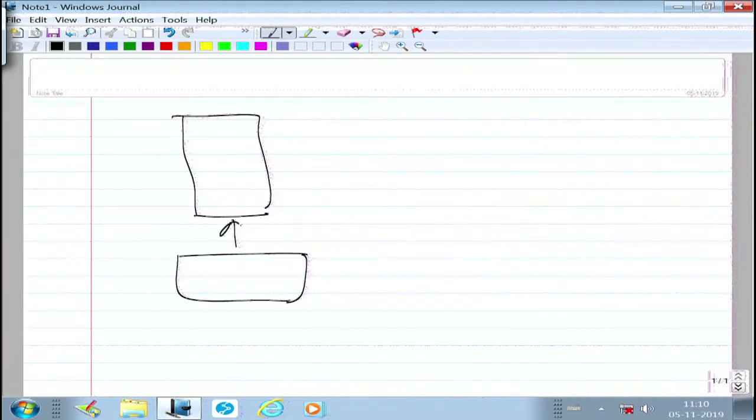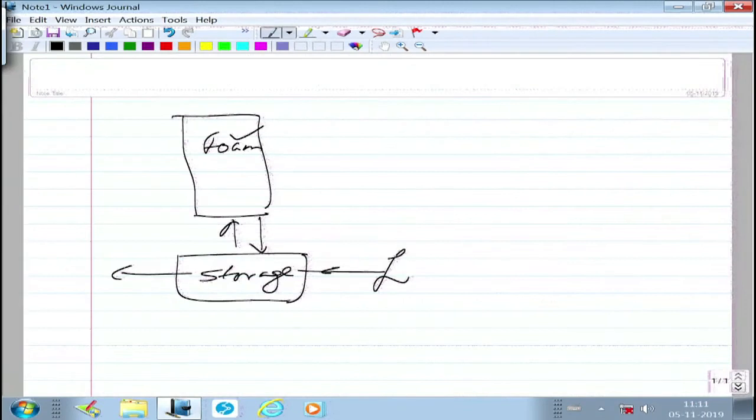Basically, if the schematic diagram of the reactor is indicated by this foam bed reactor having foam section and storage section, we have liquid flowing in and out in a continuous operation, and we have liquid which is being exchanged with the foam section.